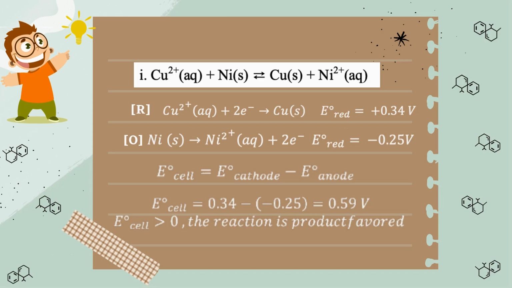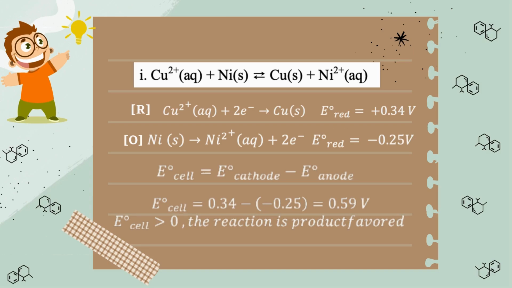Then we can use the equation here, which is E naught cell equals E naught cathode minus E naught anode, to calculate the standard cell potential. So for the standard cell potential, we get 0.34 minus negative 0.25, which equals 0.59 volt.